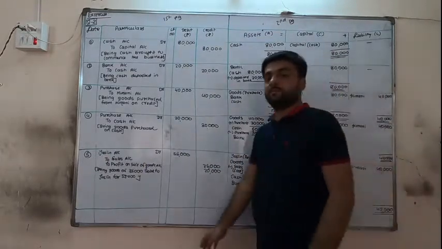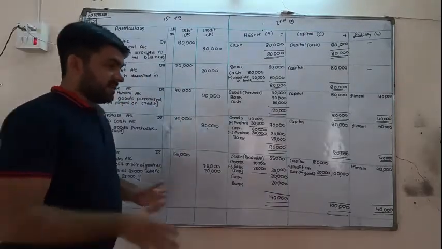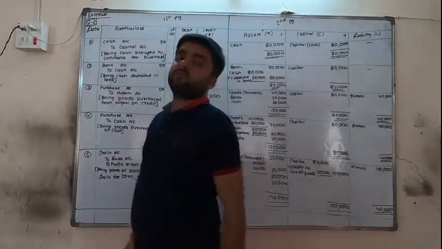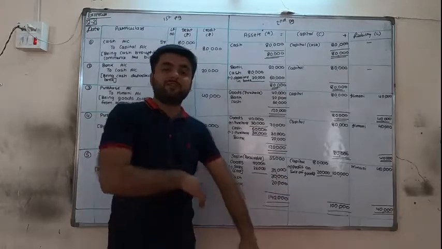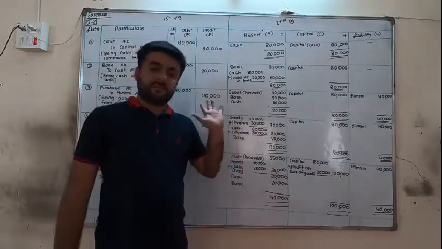So friends, we have completed 5 transactions. That's okay for today. We have seen 5 transactions and their effect. Now tomorrow we will continue with the 6th transaction, and again I will write these details because tomorrow we have to continue the same sum and these details are actually required.